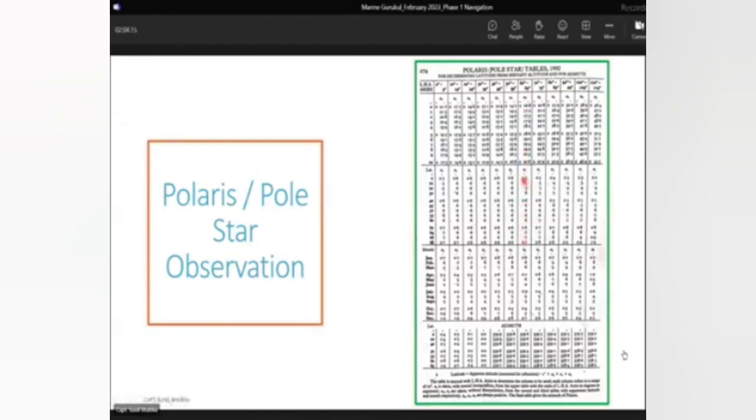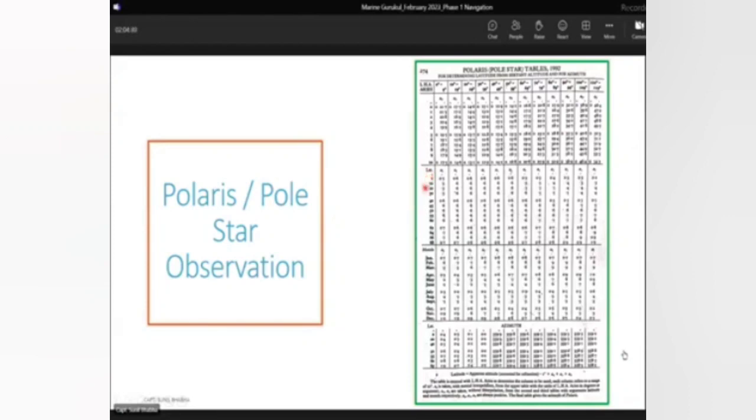This A1 correction is given against the latitude of the observer. So the DR latitude of the observer is given to us in these questions. In case in some question the DR latitude is not given, then the altitude of Polaris can also be considered or taken as the DR latitude.